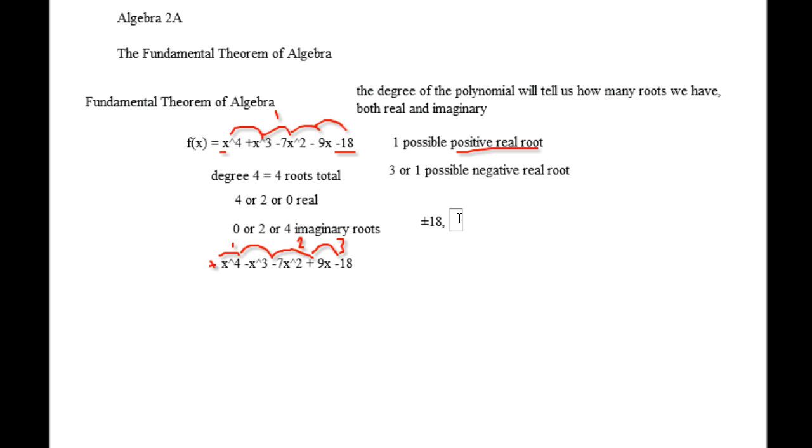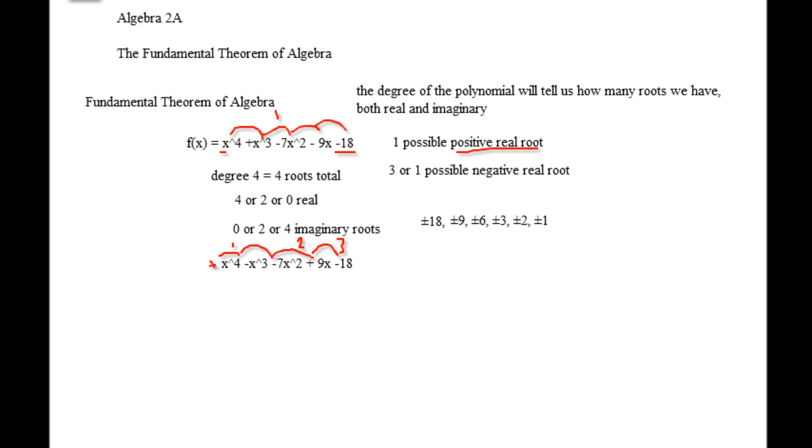So it's plus or minus 18, plus or minus 9, plus or minus 6, plus or minus 3, plus or minus 2, plus or minus 1. Those are all my possible factors. So that's 12 possible answers.